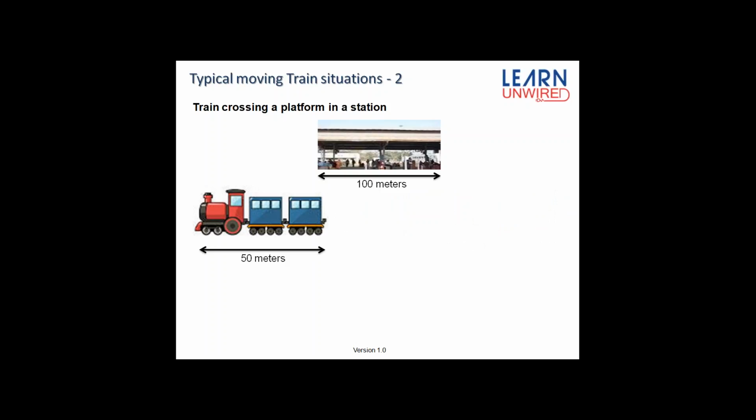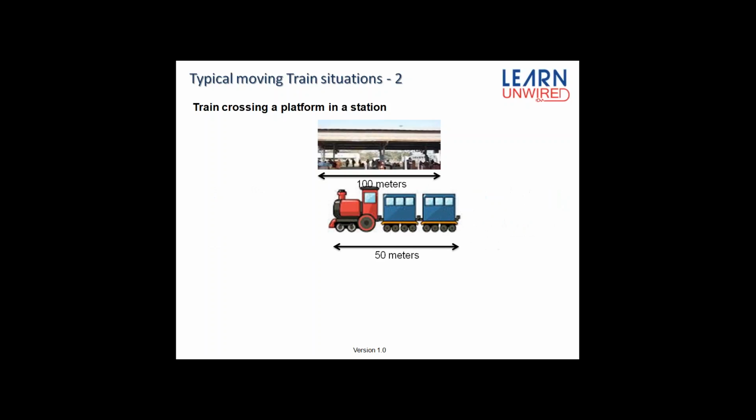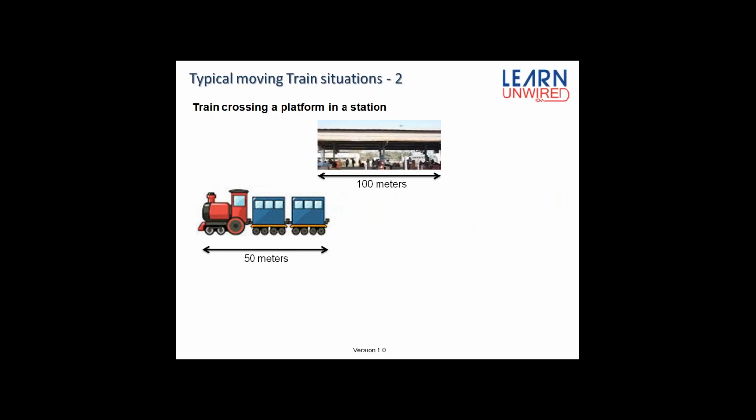No, Swapnil, it's not 100 meters. Let us see once again. How much? Yes, it is 150 meters. The distance traveled by the train to cross the platform is 150 meters, which means the length of the train plus the length of the platform.